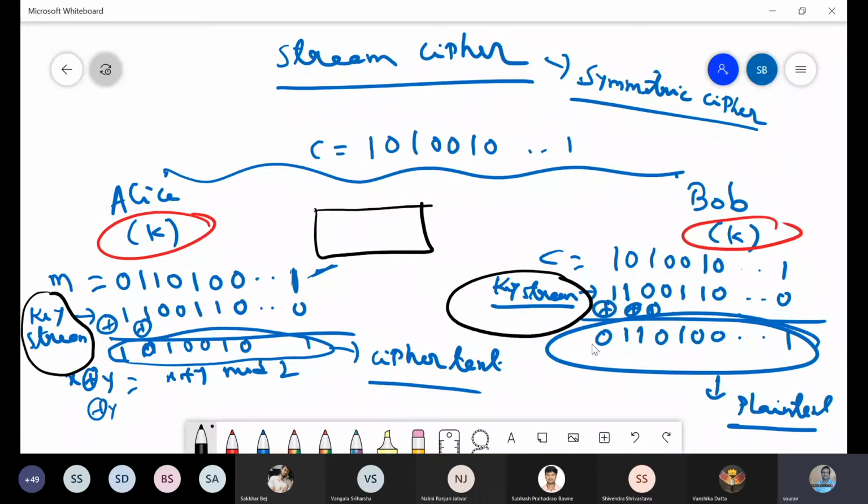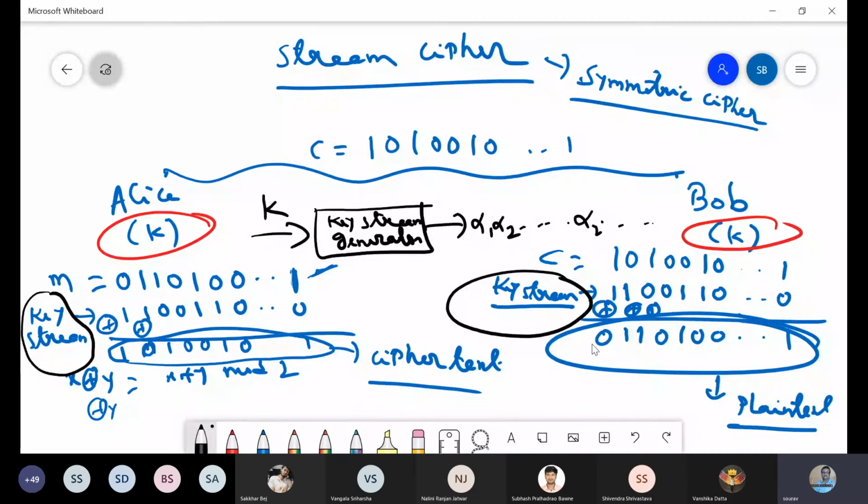We'll name this function the key stream generator, which takes this k as an input, and it should give us the key stream, as many alpha i as we want, depending on the size of the plain text.